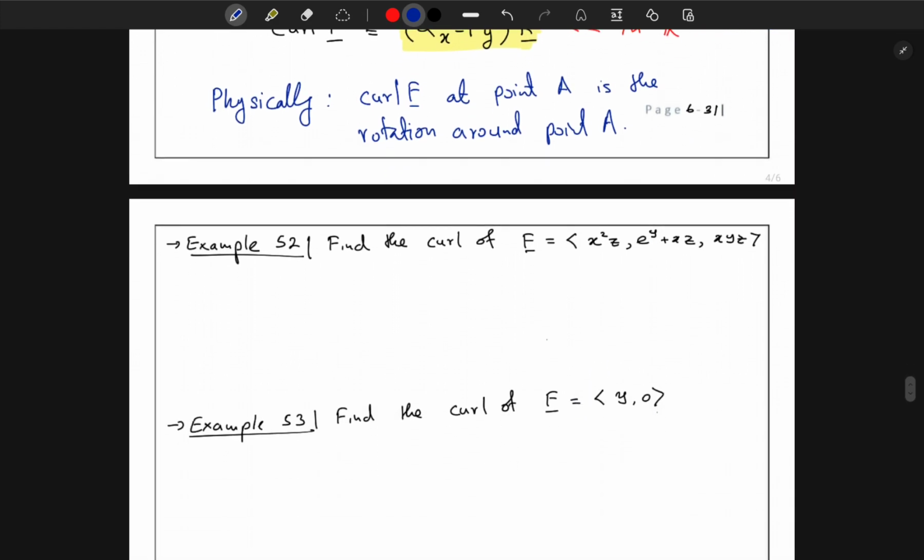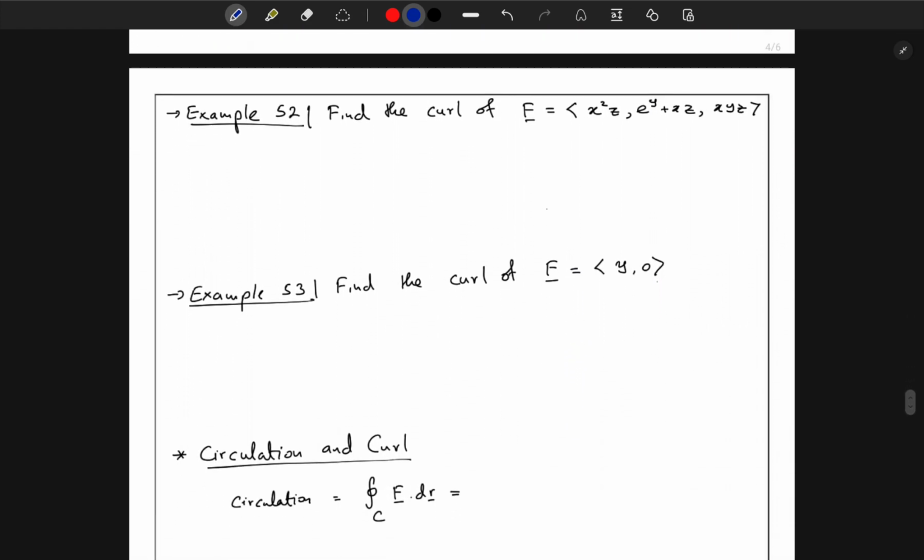Okay, so let's do a few examples. Example number 52. Find the curl of this vector field.